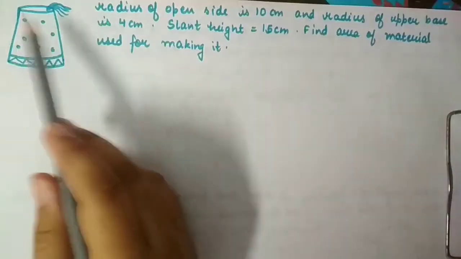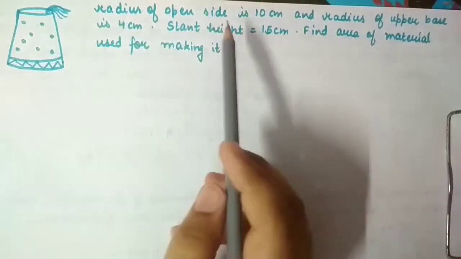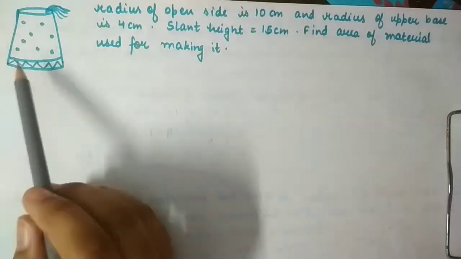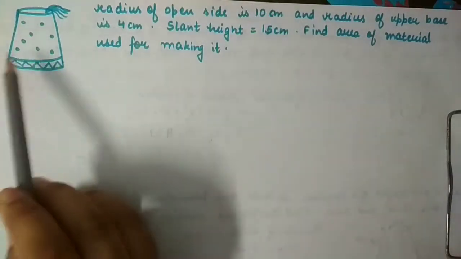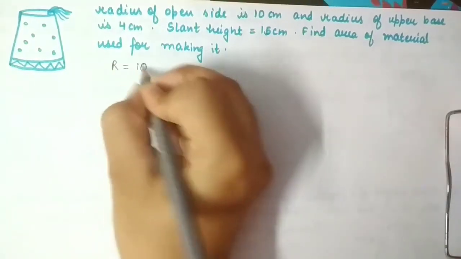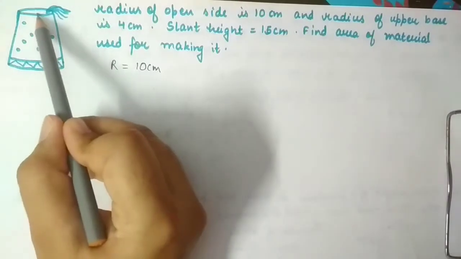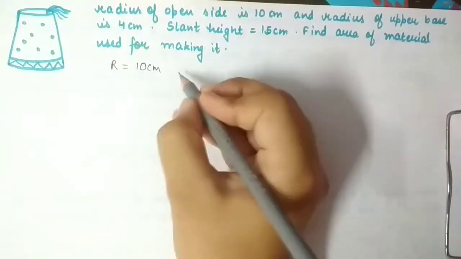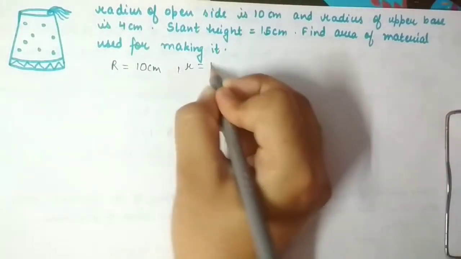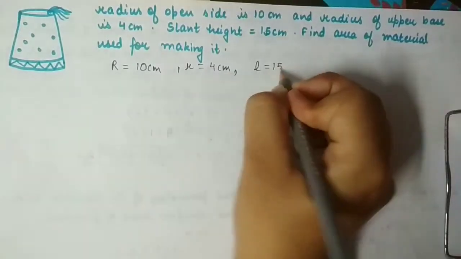Now this is the shape of a cap and it is given that the radius of the open side is 10 centimeter. It means the radius of this circular end is 10 centimeter. So we say capital R is 10 centimeter, and the radius of the upper base, it means the radius of this circular end, is 4 centimeter. So small r is equal to 4 centimeter and slant height is given to be 15 centimeter.